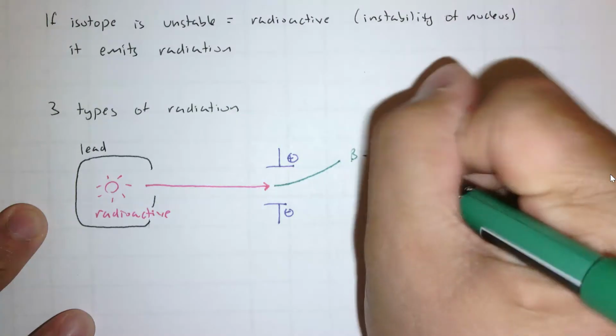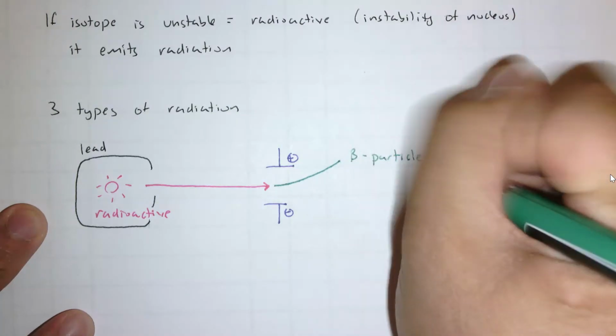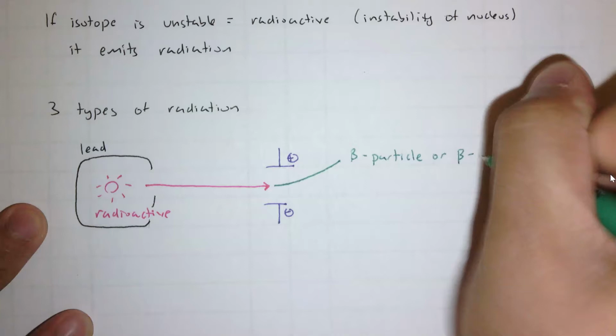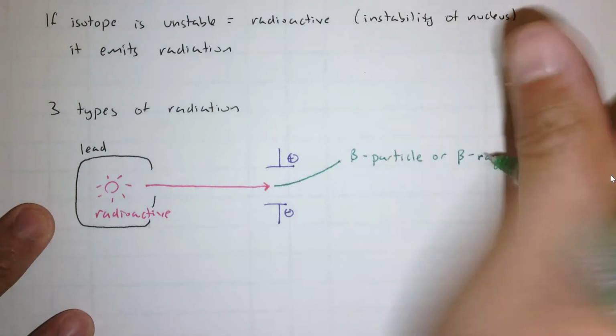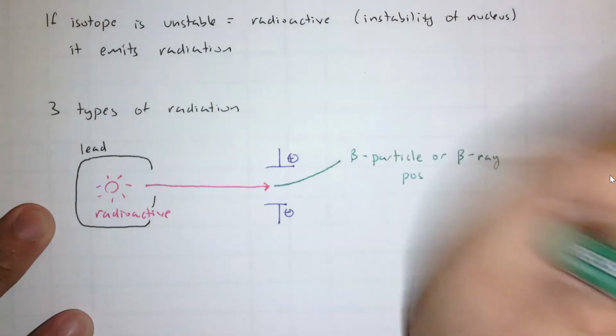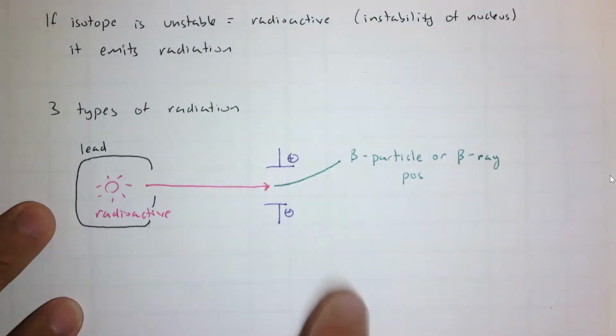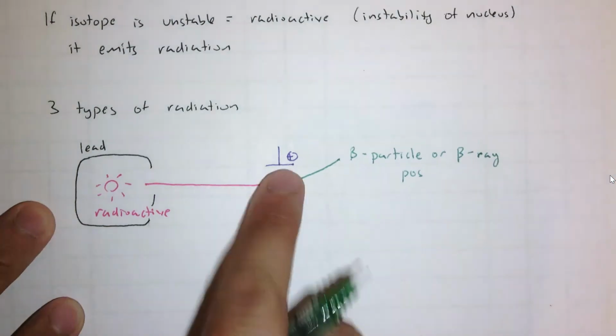A couple names, beta particle or beta ray, and that is positively charged. Oh, no, not positively charged. It's negatively charged because it's attracted to the positive plate.